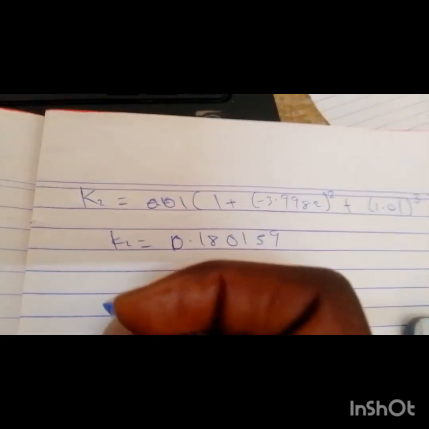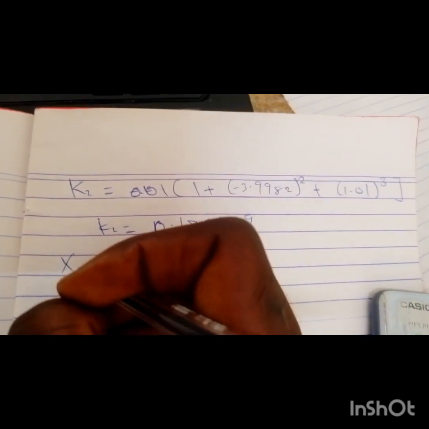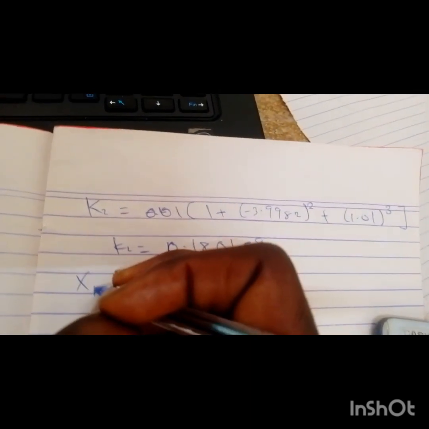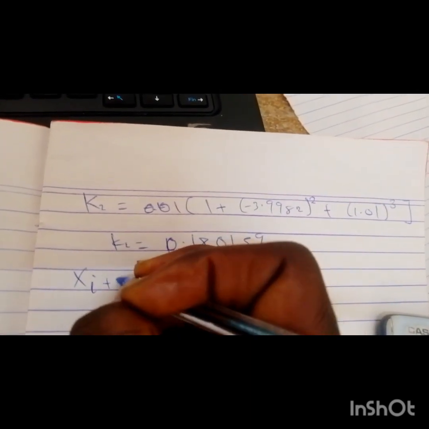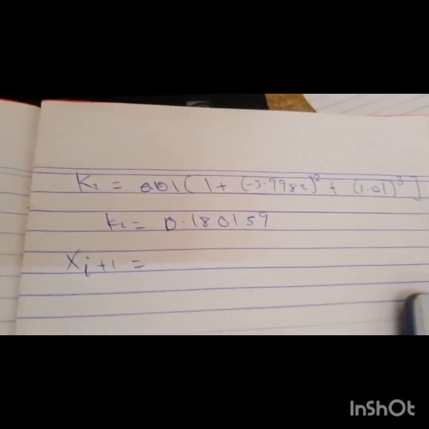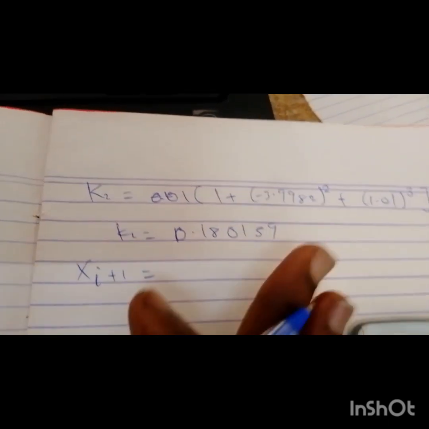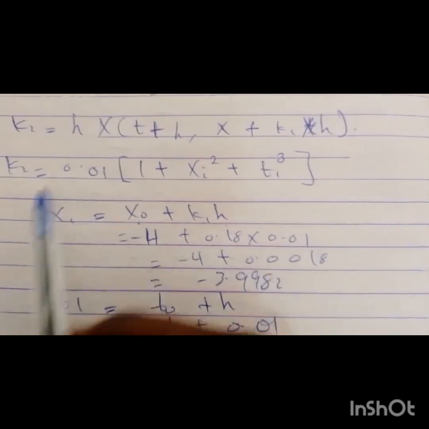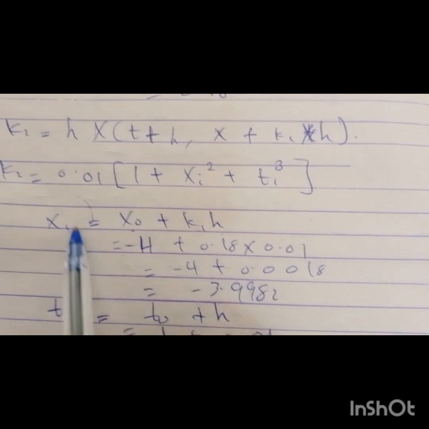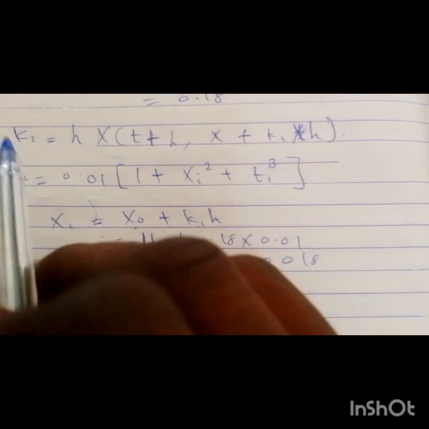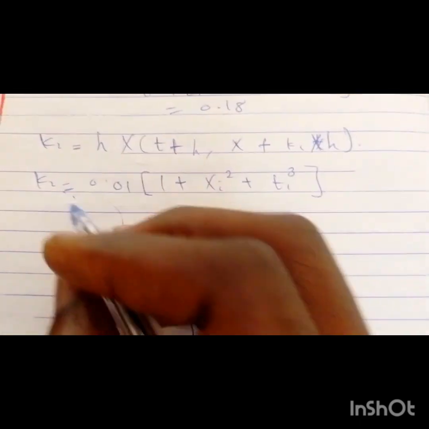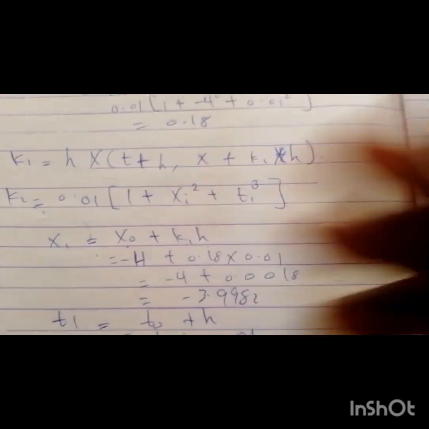Now what is next? You find your x1, or better to say your xi plus 1. Now, let me show you something here. This question is just like the one we found here, which was to find your k2. I don't know if I should give it a different name, but just know the difference.